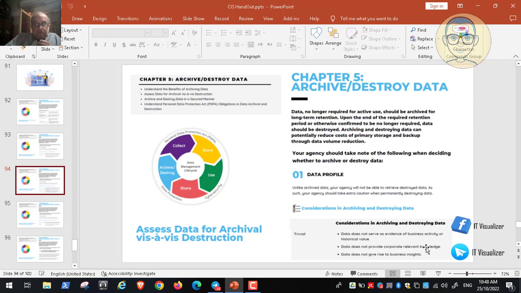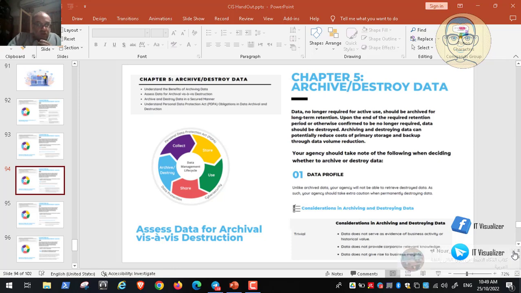So this data is not needed by the business, or it doesn't contain any data that, if it is known, the corporate will be in loss or affected. If the data is not evidence of business, is not relevant, doesn't provide relevant knowledge, does not give rise to business insights or business objectives, or increase the business or make future business, it cannot be used to generate future business, then this will make you take a decision to destroy the data.